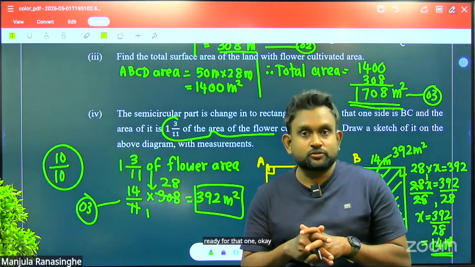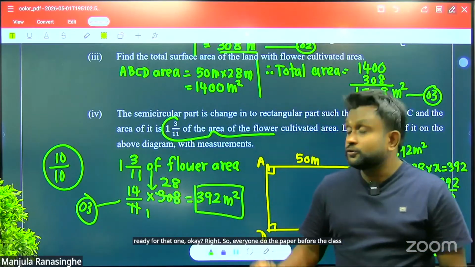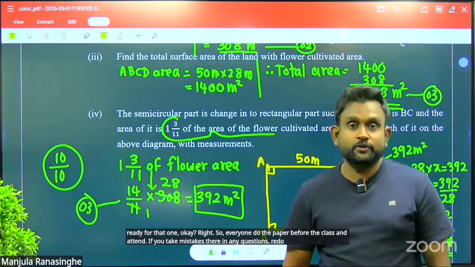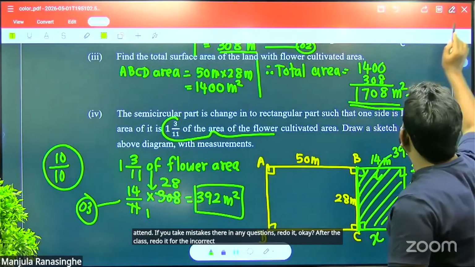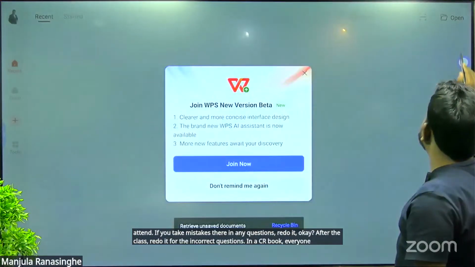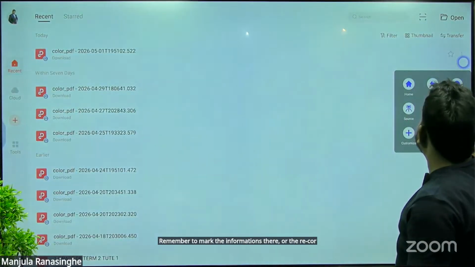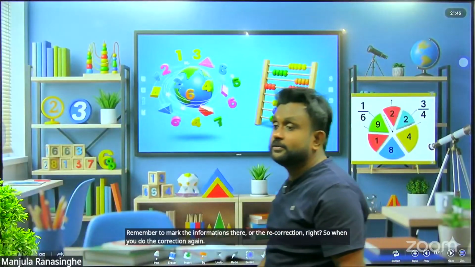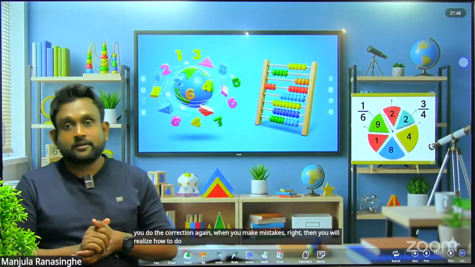Okay, right. So everyone do the paper before the class and attend. If you make mistakes in any questions, redo them after the class for the incorrect questions. In the CR book, everyone remember to mark the information there for the recorrection, right? When you do the correction again after making mistakes, then you will realize how to do the correct way, right?